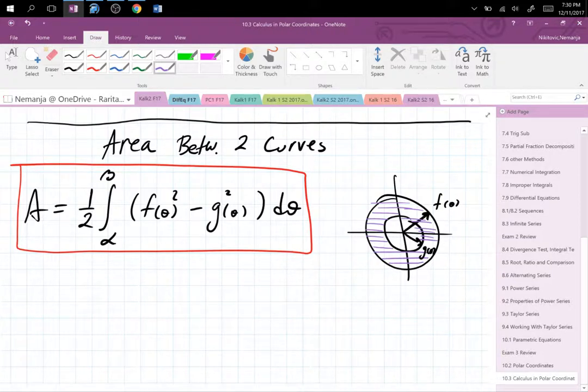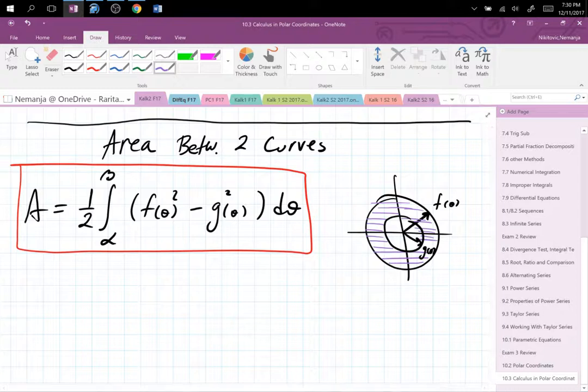Yes? Is there a reason you put the square next to the g instead of the outside one? Well, if anything, I should bring this square closer to f, because it's f and g that are squared.